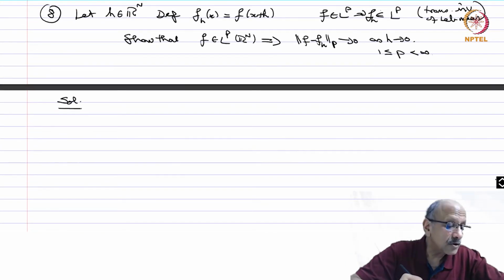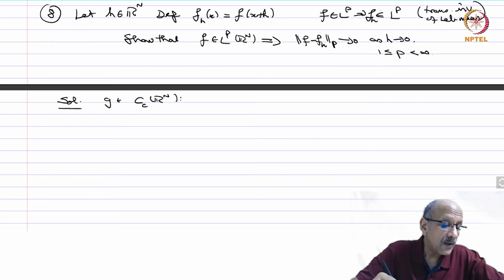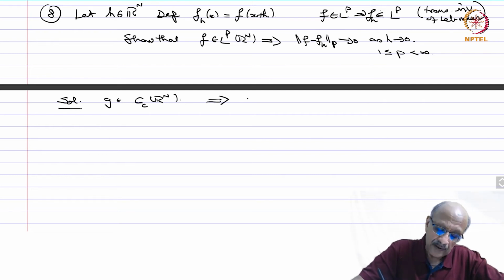Okay, solution. So let g belong to Cc of R^n. This implies it's a continuous function with compact support, so g is uniformly continuous.